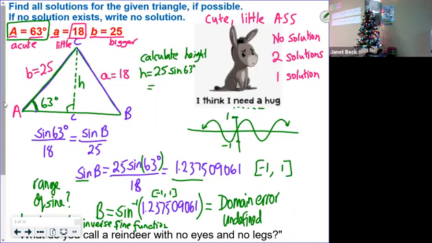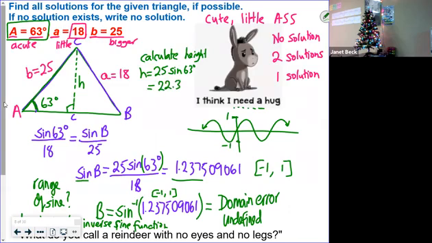Work out what that is. Let's see what we get. You get 22.275. Let's just call that 22.3.